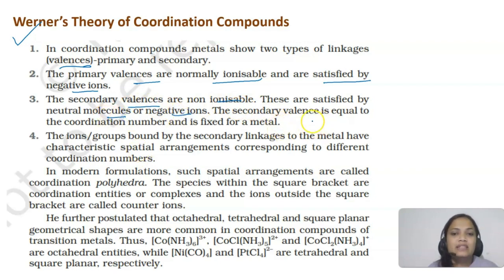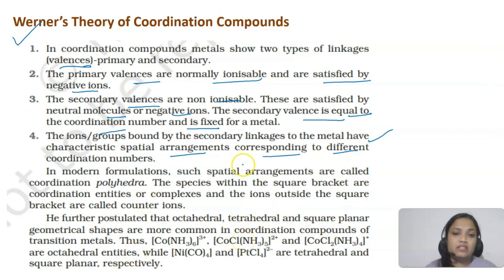And the secondary valence will be equal to the coordination number. Like if it is 6, then 6 secondary valences would be there, and it will be fixed for a metal. The ions or groups bound by the secondary linkages to the metal have characteristic spatial arrangements corresponding to different coordination numbers. So they will be having different arrangements according to the different coordination numbers.